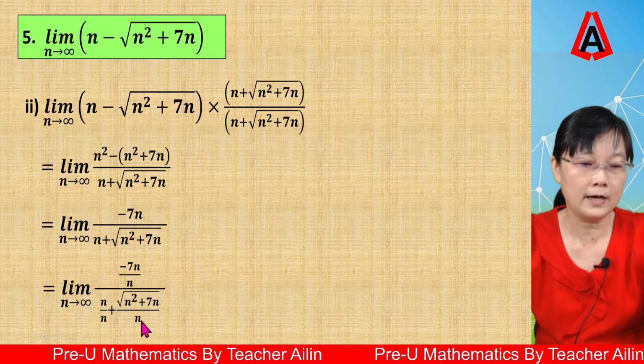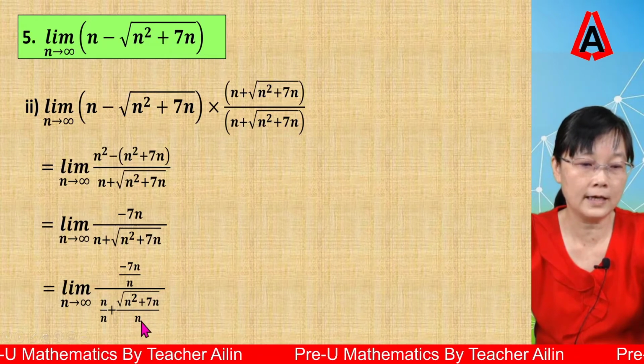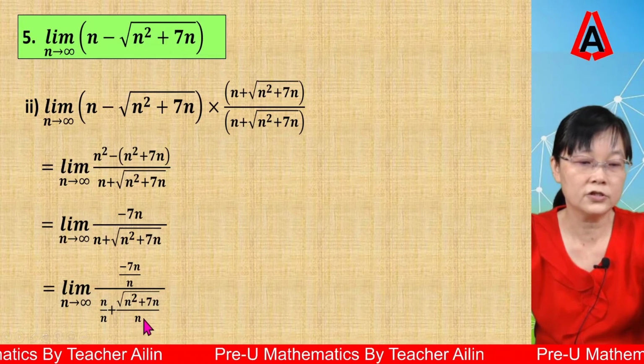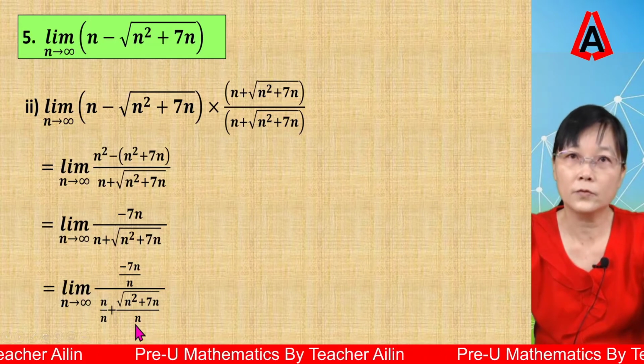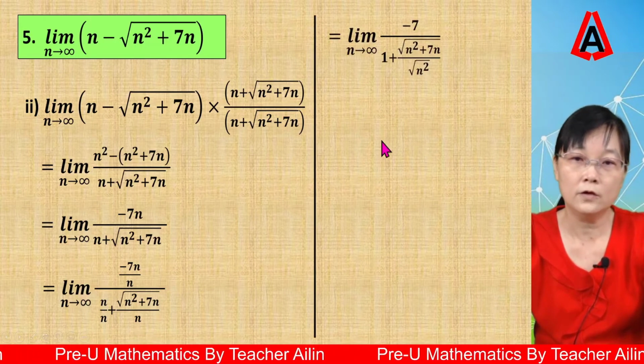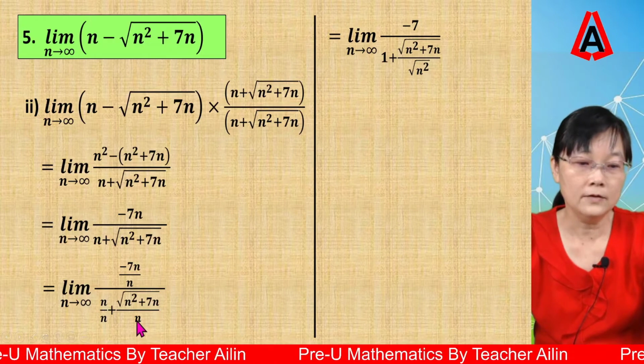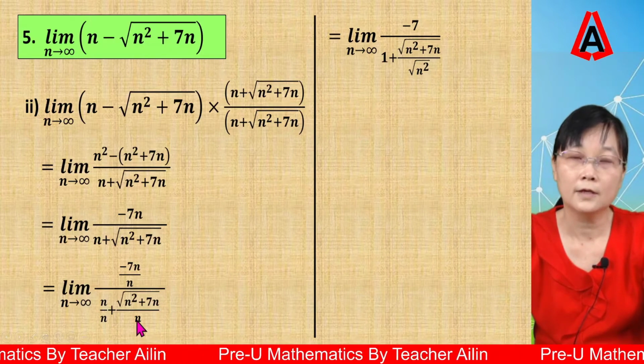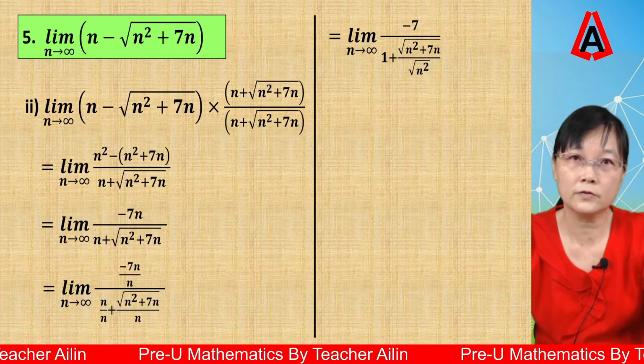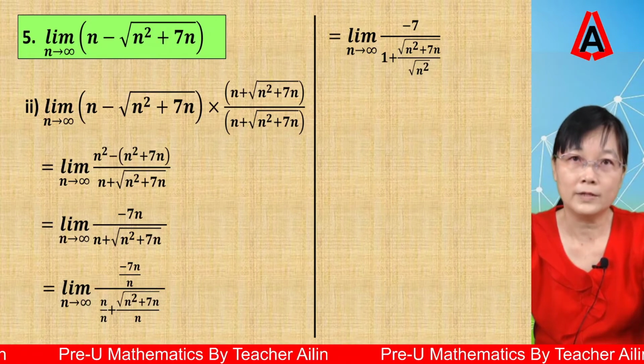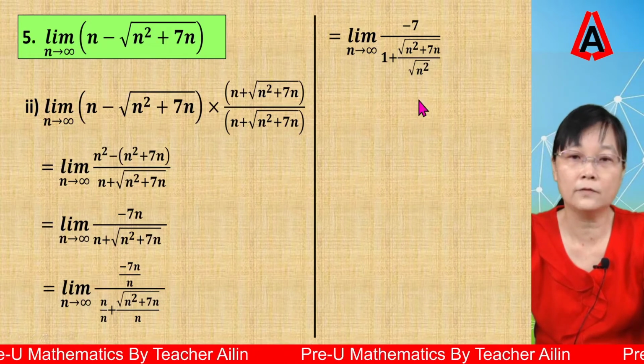As for this part, before I can cancel the n, I must change n to a square root. So we know that n, when we change to square root, can be positive square root of n power 2, or negative square root of n power 2.